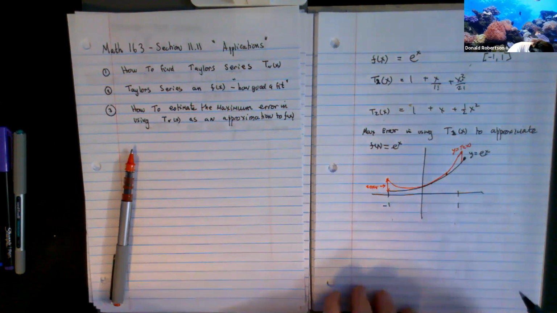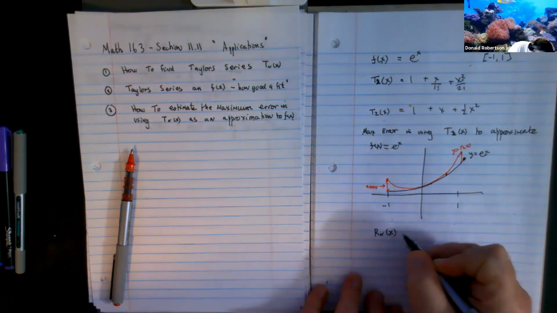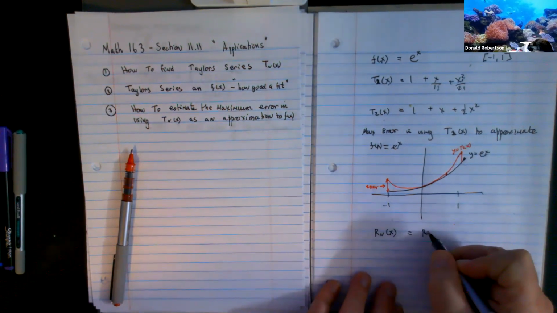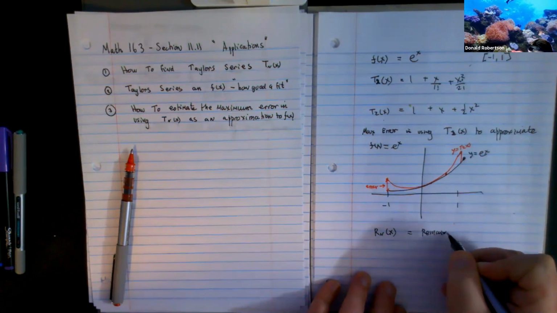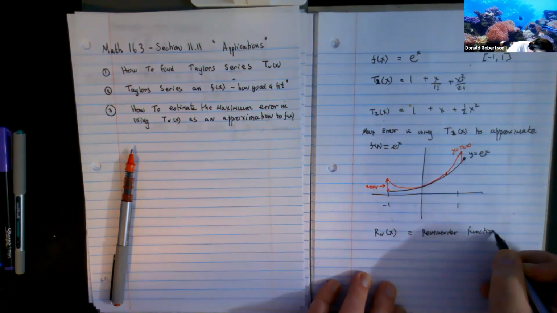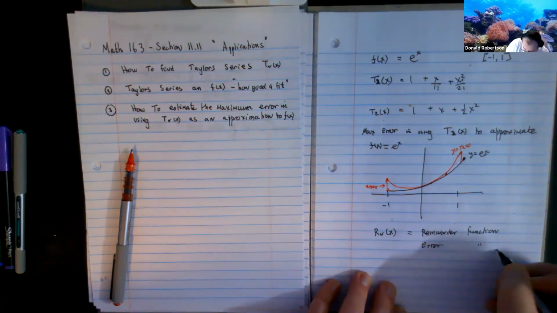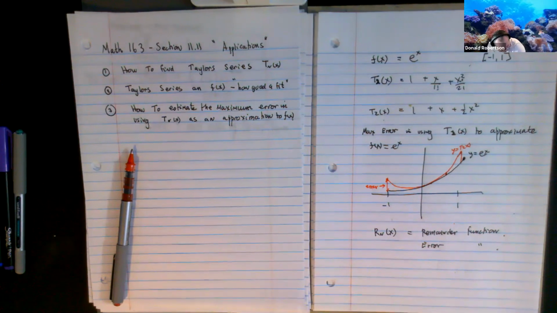And we have a function called Rn of x. It's called the remainder function. I prefer the name that you might see, at least if you go to Scotland, the error function.